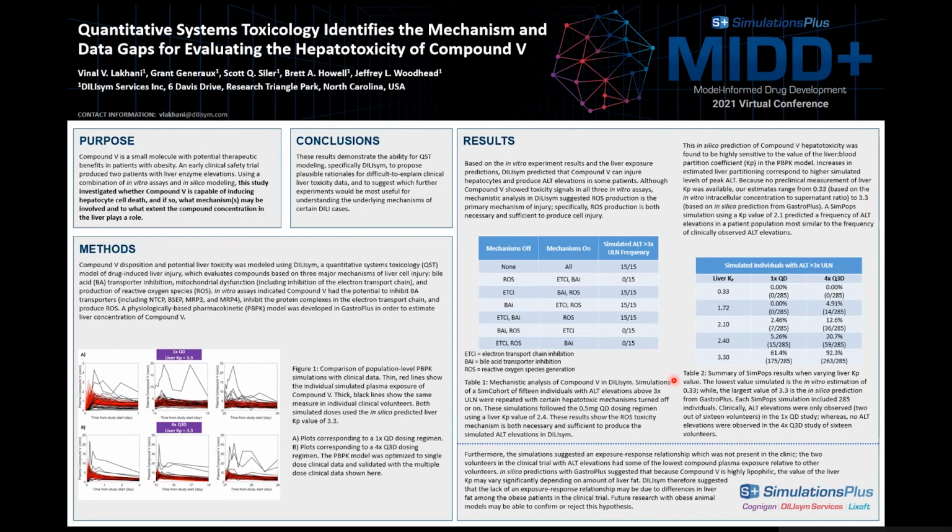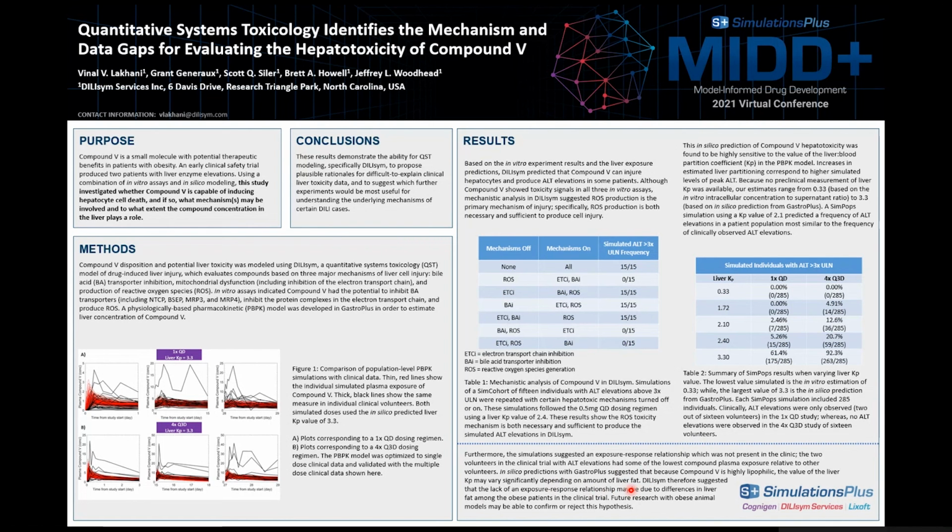We have a few more conclusions here, and related to that is that this compound is highly lipophilic, and its target patient population is patients with obesity. With obese patients, there can be a high amount of liver fat.